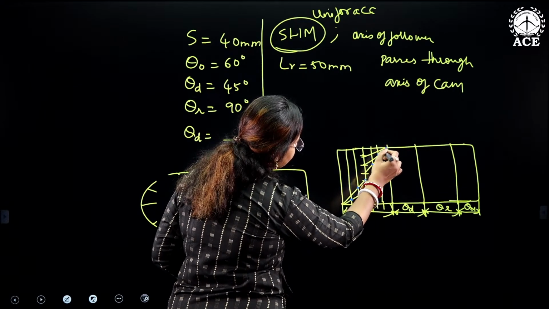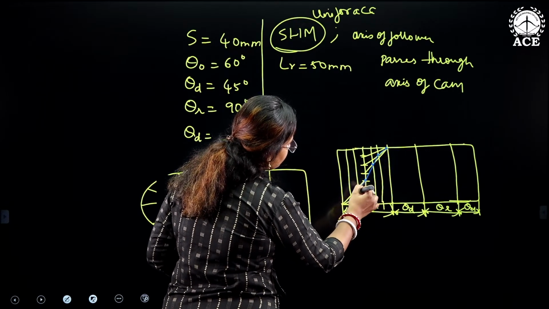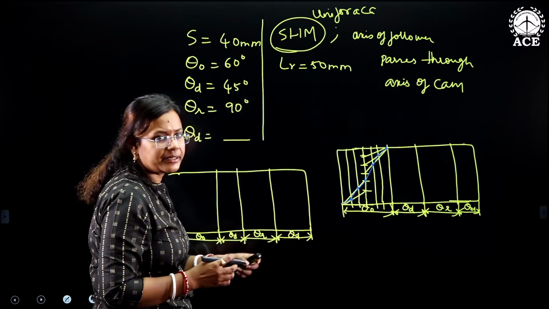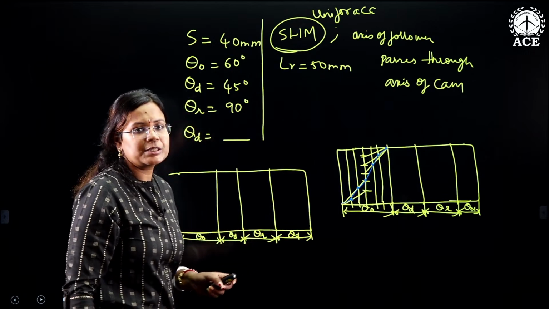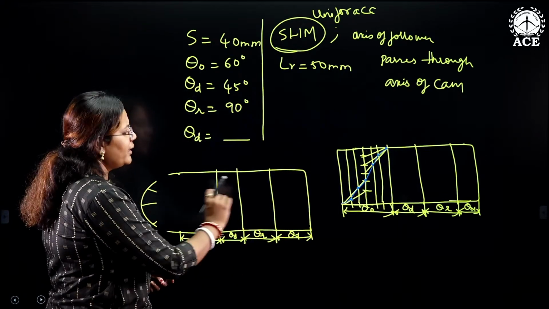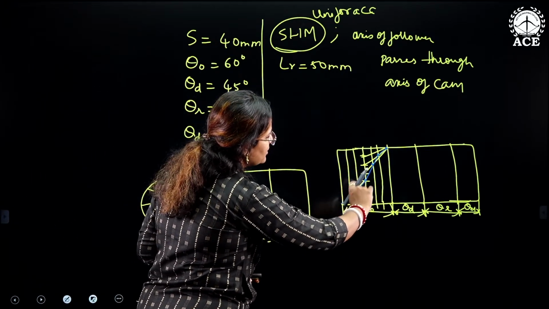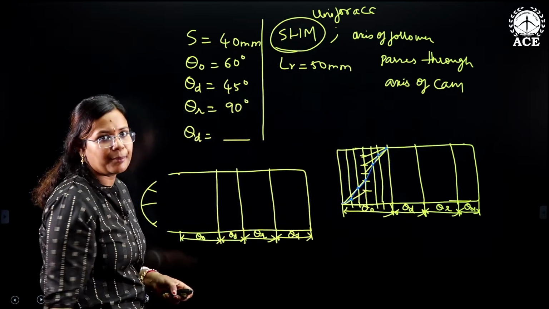If it is the uniform acceleration condition, we draw the displacement diagram like this. Accordingly, we will take the displacement distances here and then generate the cam profile.